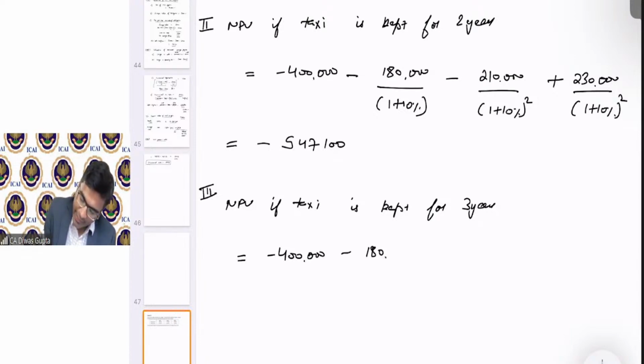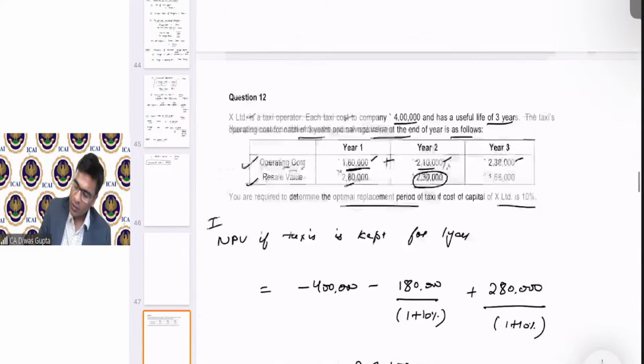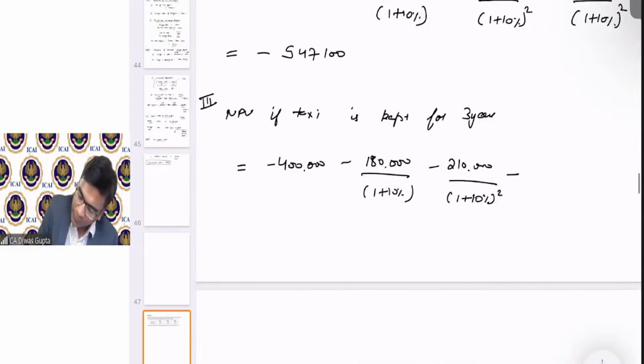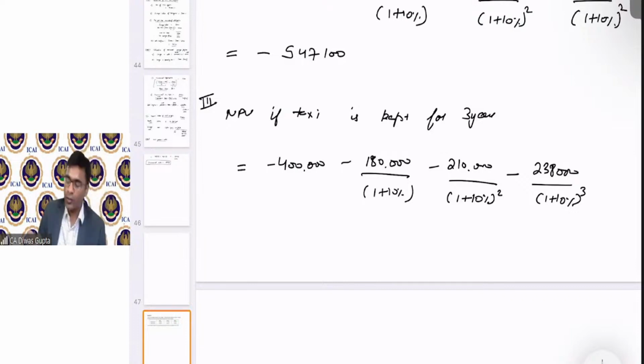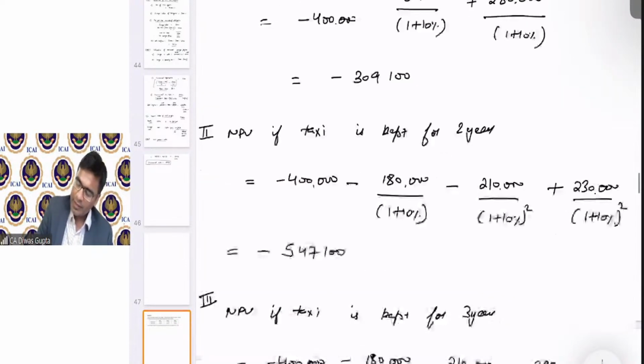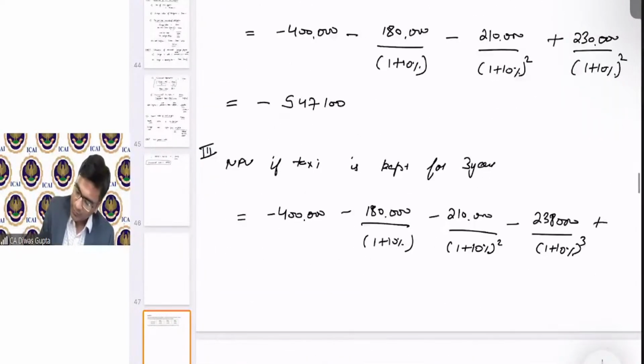Minus 1,80,000 will still be there, which is the first year operational cost. Second year operational cost will also be there. Third year operational cost will also come now, which is 2,38,000 raised to the power 3. Okay. And after the third year, the salvage value is 1,68,000.